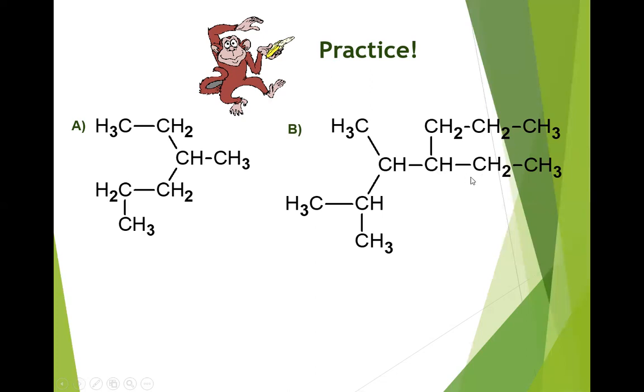Remember our naming, we don't start with methyl, we start with ethyl based on alphabetical precedence. So this is 4-ethyl, 2,3-dimethyl. Then the longest chain is 7. 1, 2, 3, 4, 5, 6, 7. Heptane. Practice it. I'll be asking you.